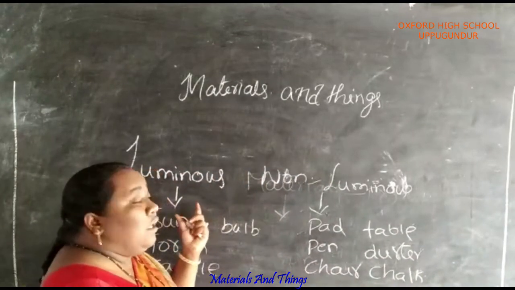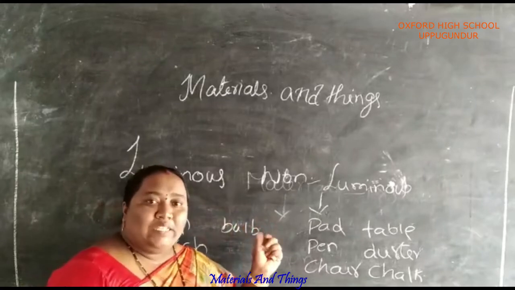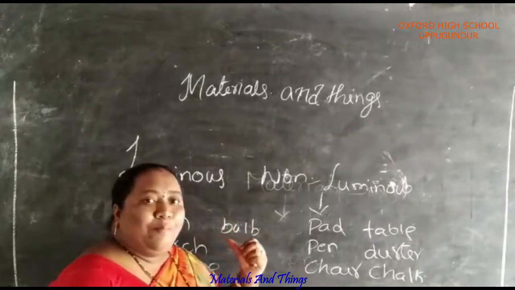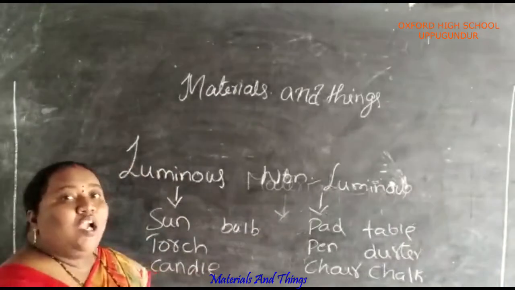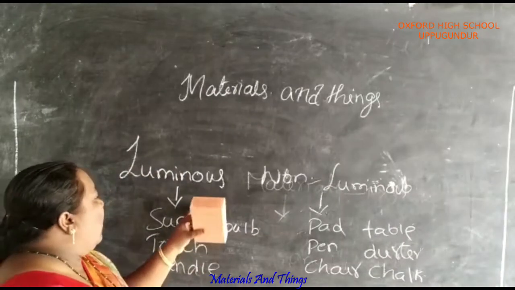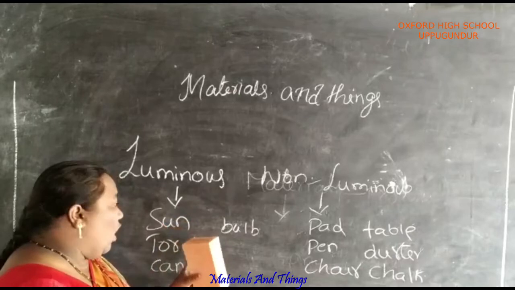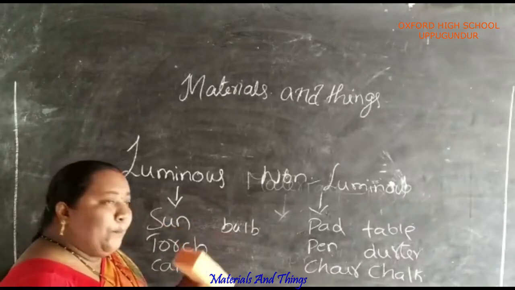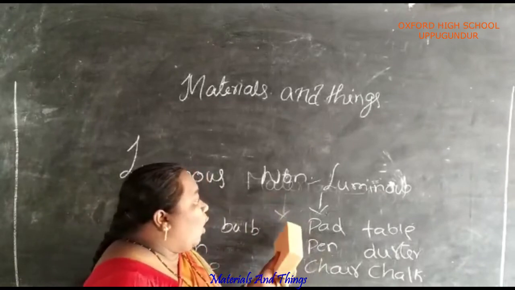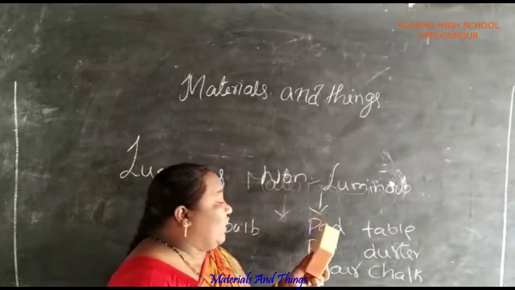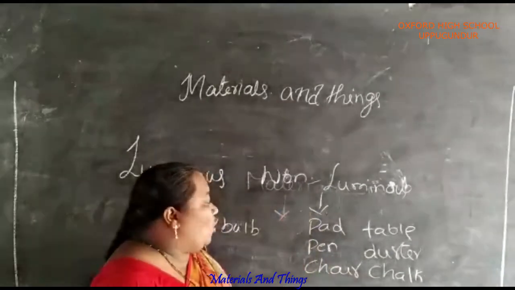Again, there are two types of objects: luminous and non-luminous. What is meant by a luminous object? The objects which give us light are called luminous objects. Example: sun, torch, candle, bulb. What is meant by a non-luminous object? The objects which do not give us light are called non-luminous objects.